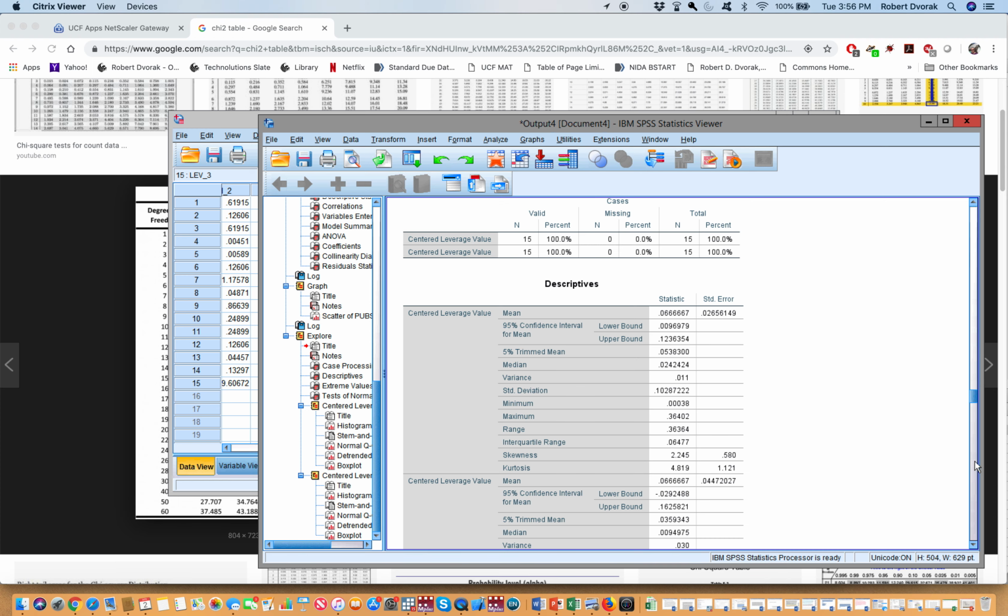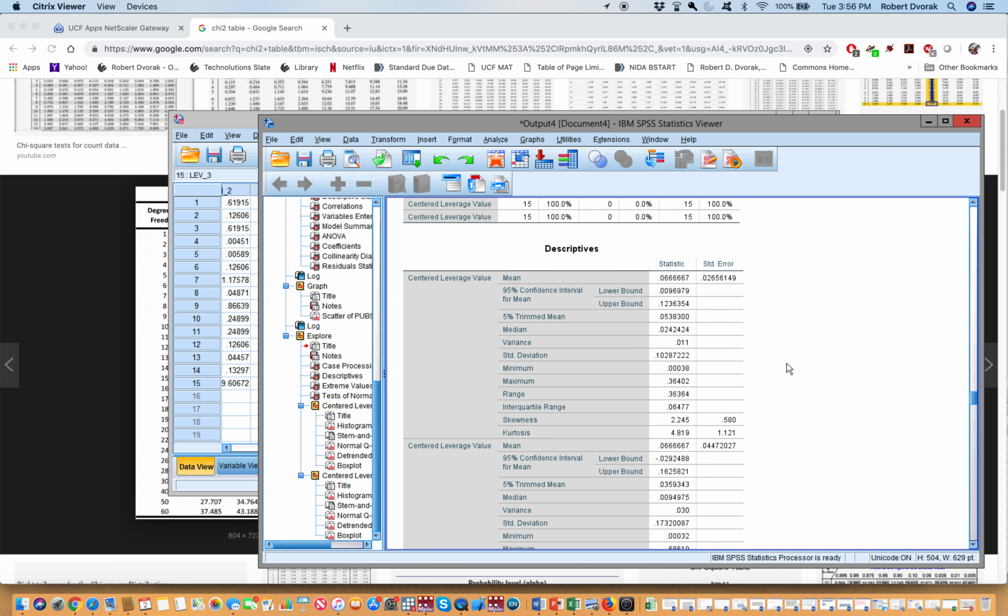Okay, here's where we ended. For this first one, our centered leverage is 0.06. Again, our centered leverage here, 0.06. Standard error is 0.02. Here, our standard error is 0.044.